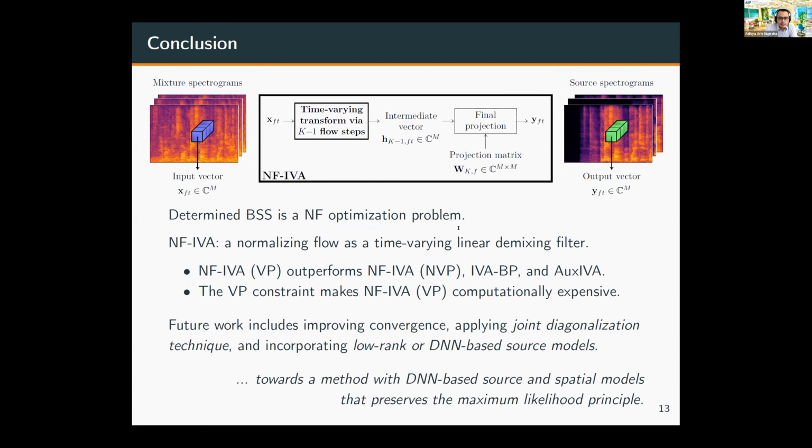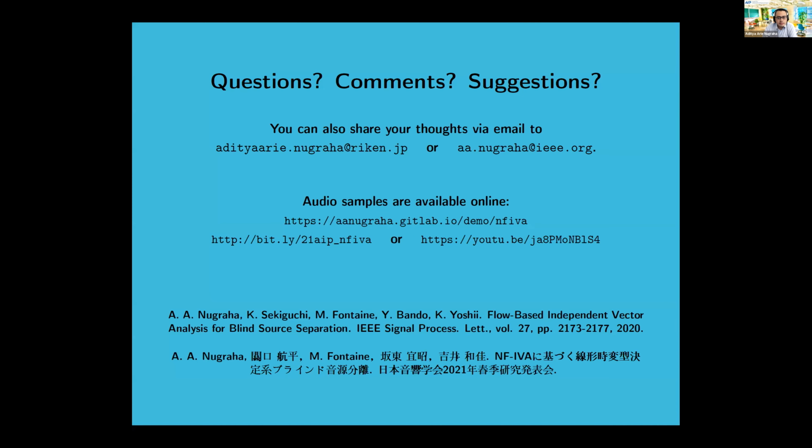We need to address this in the future, including by exploring some initialization scheme, and then incorporating more advanced techniques and more advanced source models as discussed earlier by the other speakers. So ultimately, by combining the techniques we presented earlier today, we want to have a method with DNN-based source and spatial models that fully preserve the maximum likelihood principle. That's all from me. Thank you for your attention.